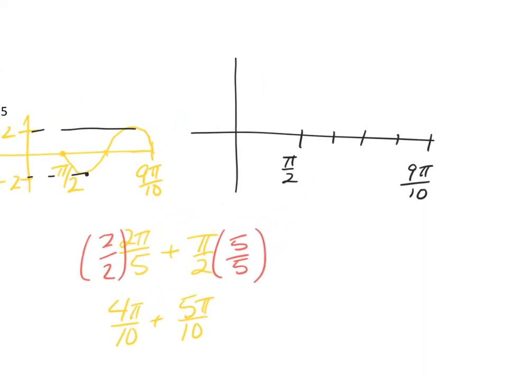So I also need to move up 3. So I know that this is my starting point, this is my ending point on my shift up. We're going to find our halfway mark and we're going to find our quarter marks. So it's now just a matter of making sure that we have our y's correct.